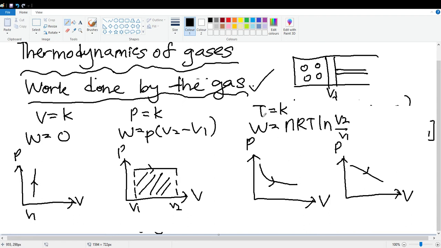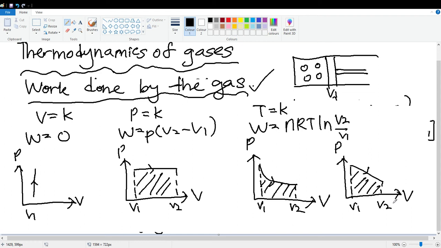As for the third process, both the pressure and volume vary, so what we have is the curve graph or a straight line graph. The work done is the area under the curve. This is V1, this is V2, this is V1, and this is V2.